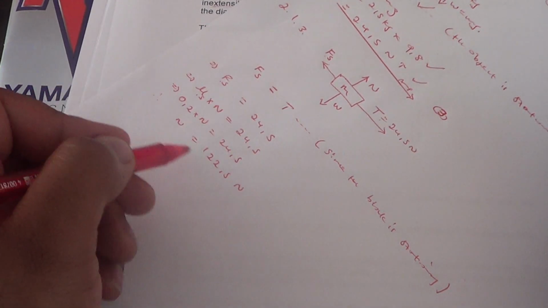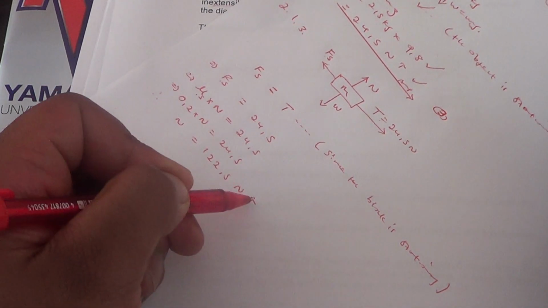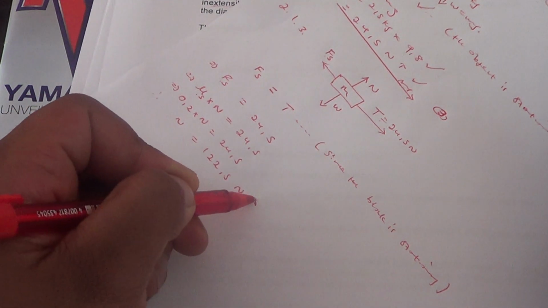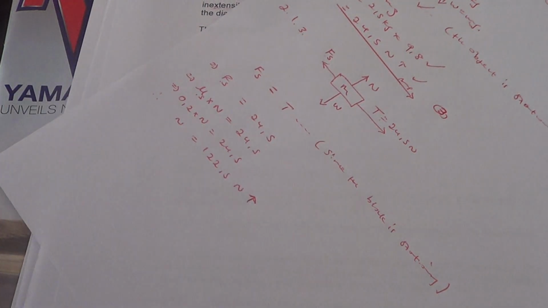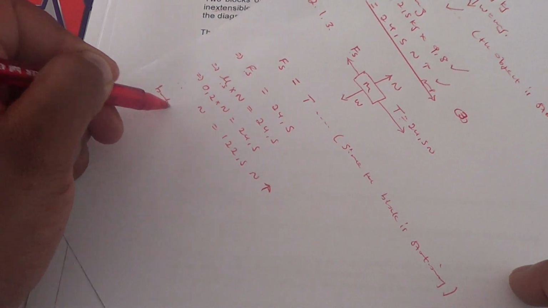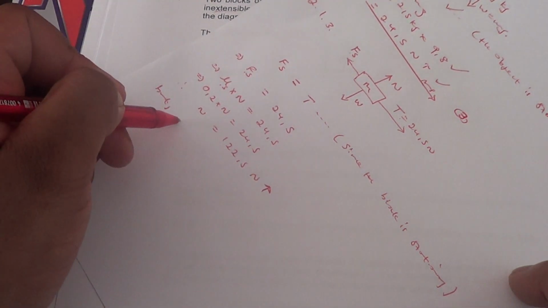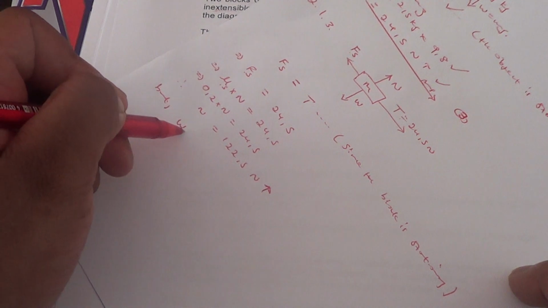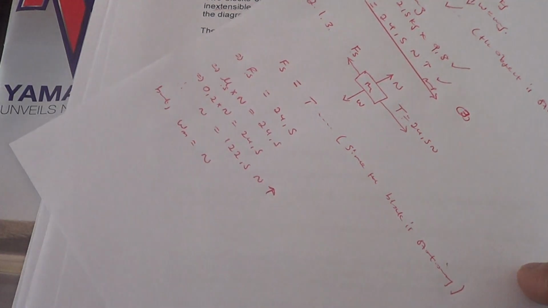And which direction is the normal force? It's upward. Always make a habit when you're dealing with vectors to indicate the direction. You can say upwards in words, or you write it down. We know that the weight of the M block equals its normal force.